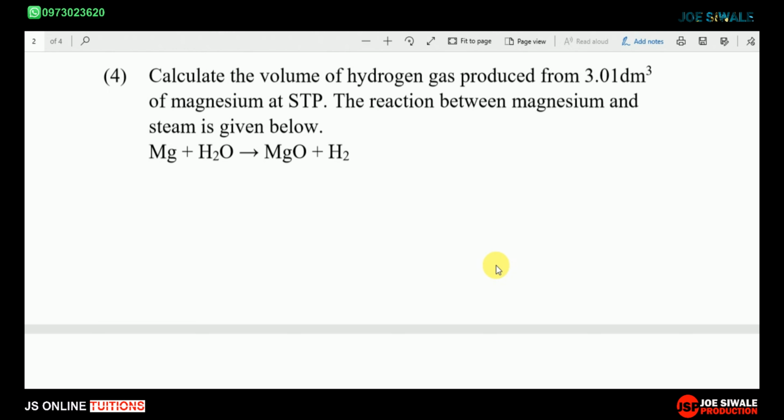And from there, you're going to identify the compounds or the elements that are affected, or the ones that you need to find. So from the question, we have been told to calculate the volume of hydrogen gas produced from 3.01 cubic decimeters of magnesium. So we know that magnesium and hydrogen are affected. So the first thing that we're going to do is to write down the data.